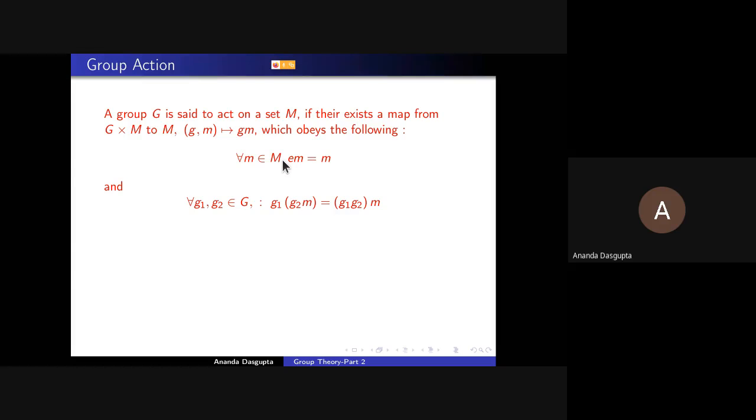So EM is the same as M, which of course completely squares with our notion of E doing nothing. And what is important here is this: when you take any two elements G1 and G2 from the group G, and you do G2 first on M and then you apply G1 on the result, it has to be the same as G1G2 acting on M.